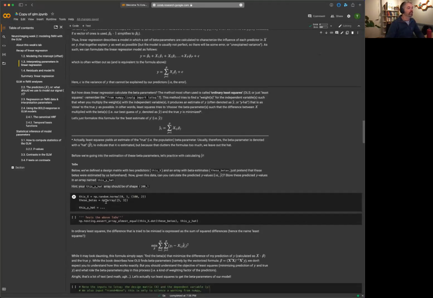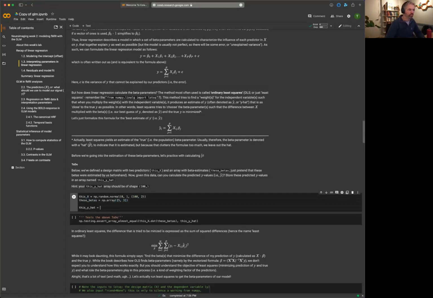But we're going to just do some math here. I'm just going to show you what you should be doing here. So we're going to create a y hat from a set of beta weights and an x. Now, there's a shape of 100 by 2 for this x, and this one is just 2 rows.